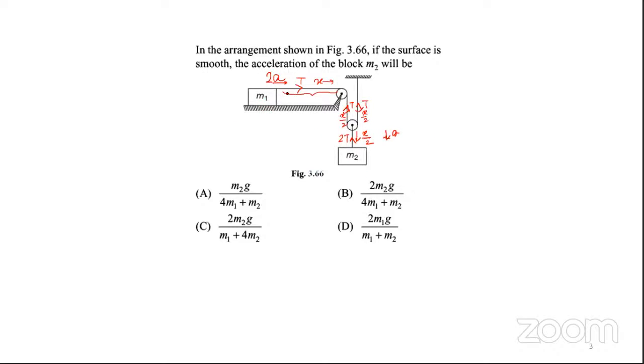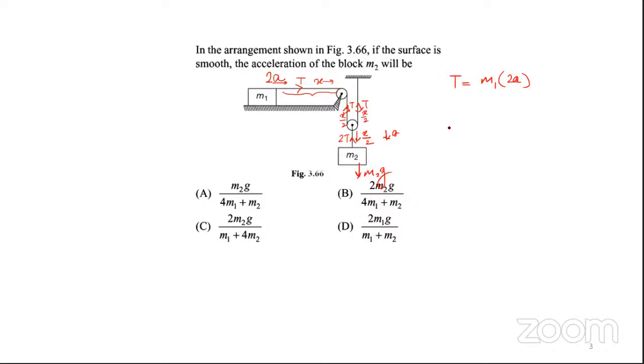All right, so let's make FBDs for both of the masses. For M1, it will be nothing but T equals M1 into 2A, and for M2, it will be M2G downwards.